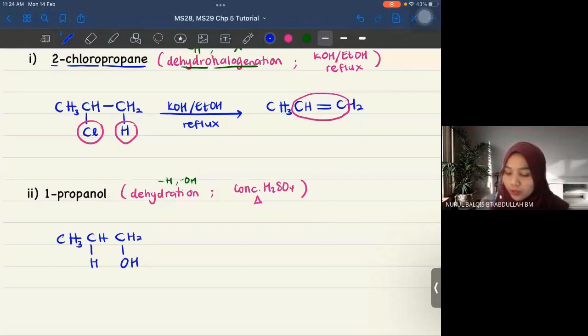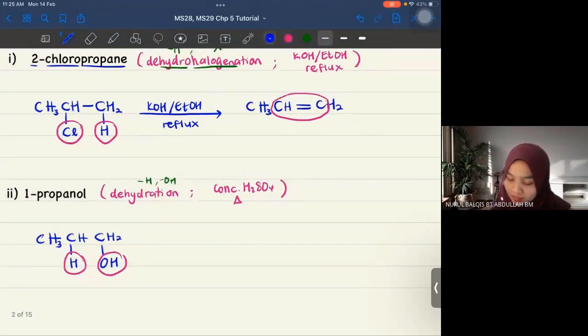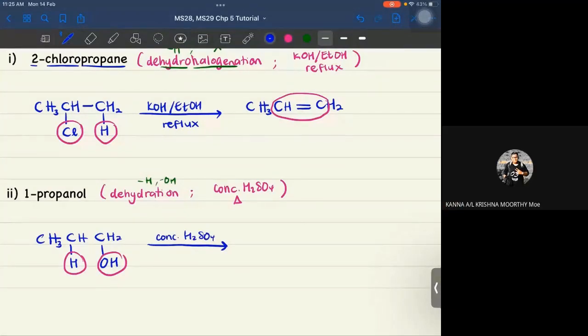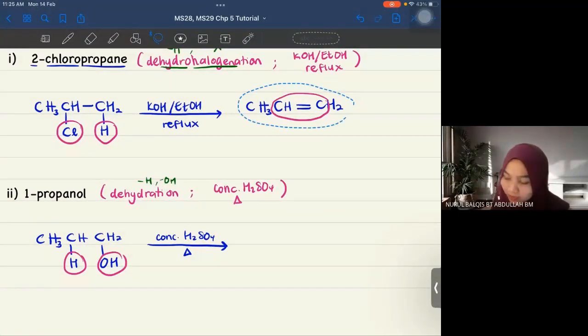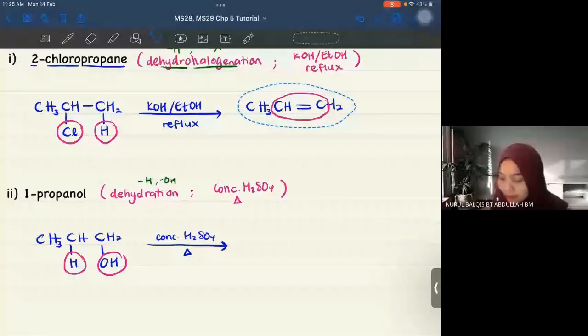Okay, now we want to remove this hydrogen and water. Okay, with the presence of concentrated H2SO4 and heat, yes, and then you're gonna get exactly the same answer as the one yang kita form dekat atas tadi, which is the propene.